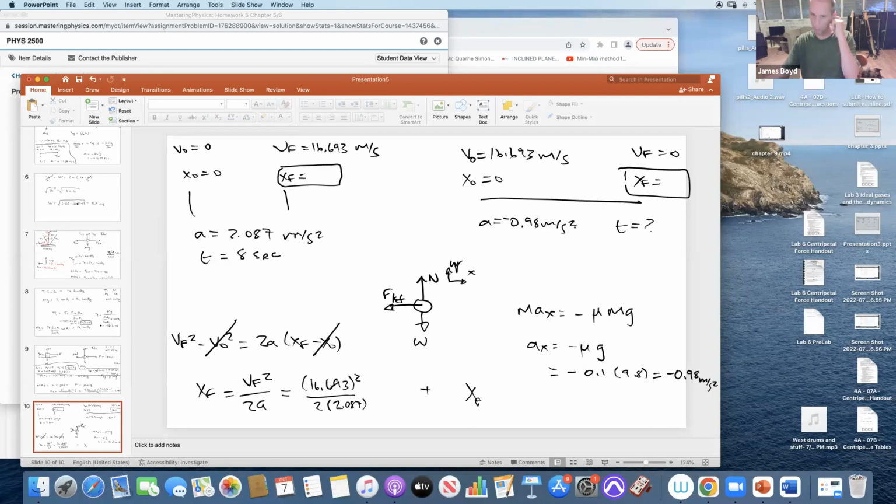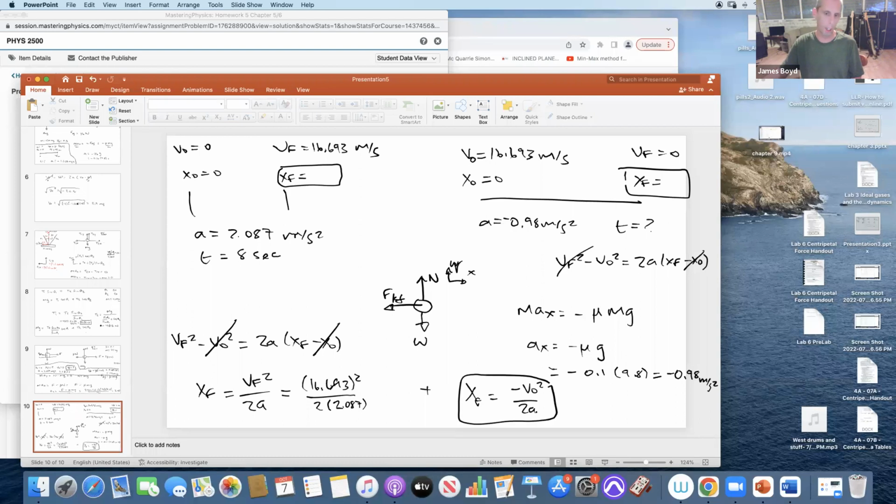Now this X final, we again don't know T, so let's use the same thing. But now we don't know V initial, so V final squared minus V initial squared is 2A times X final minus X initial. For this batch, X initial is 0, V final is 0, and what we get is that X final is negative V naught squared over 2A.